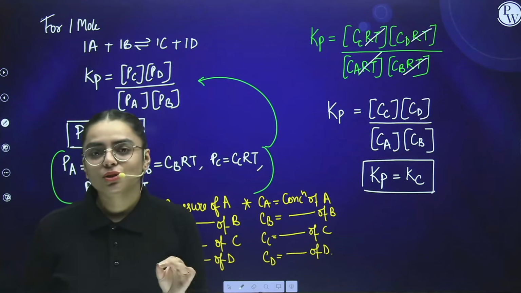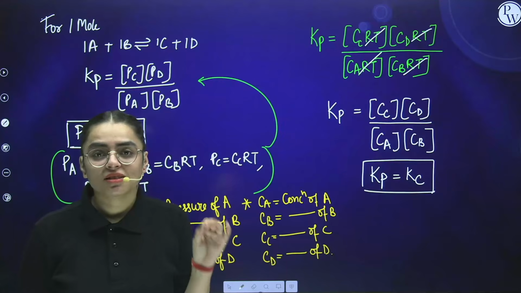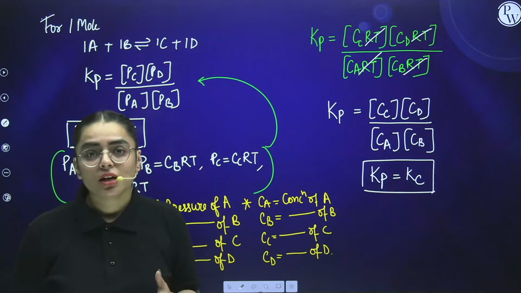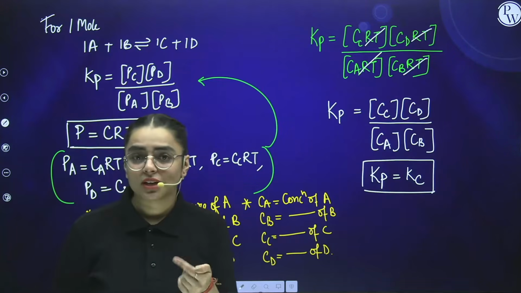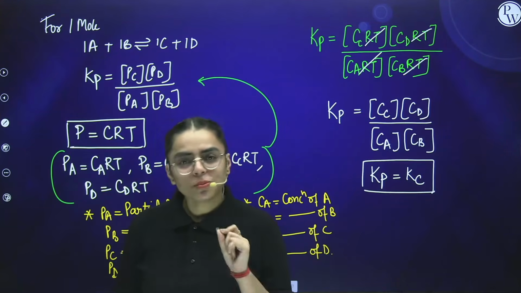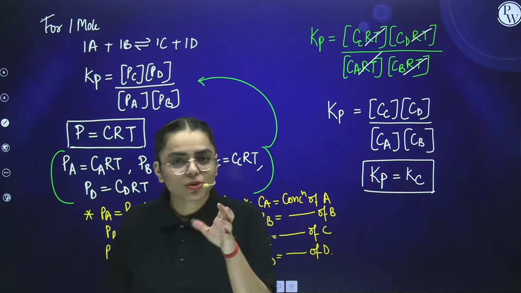It was easy for you to understand what I am going to explain to you. I have taken the case for Kp, Kc first of all as 1 mole. Then I have taken general cases. Now here also I have taken for 1 mole. Now I am going to equate for the general case. I want you all to do this first. Students, if you want success, kindly follow the path which I'm going to tell you.